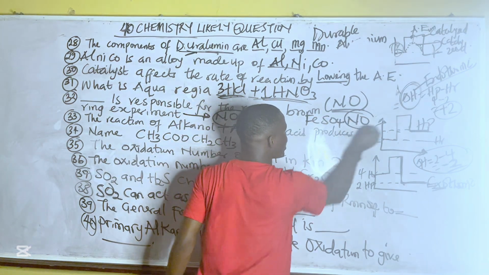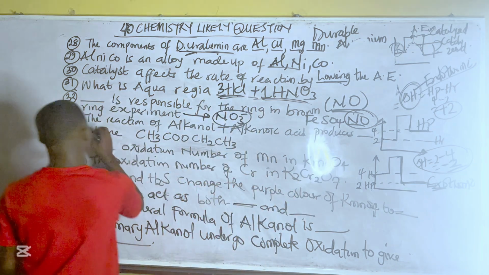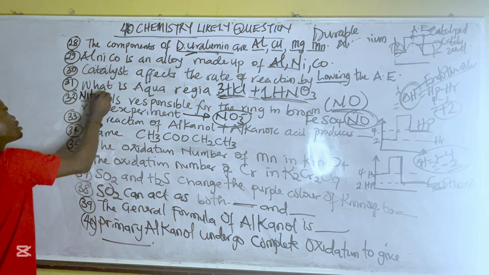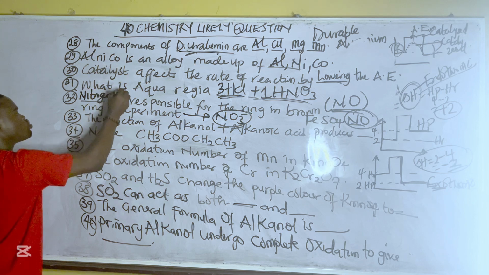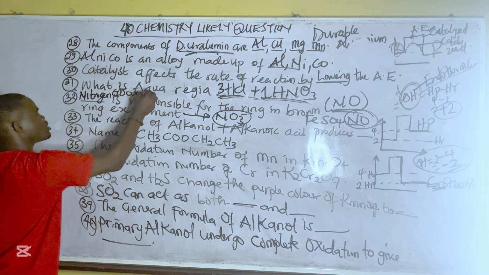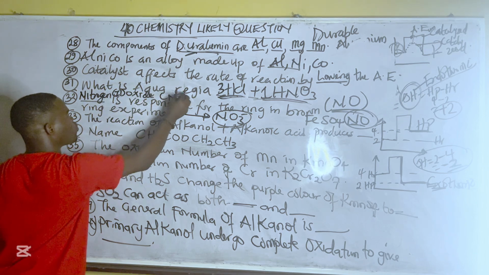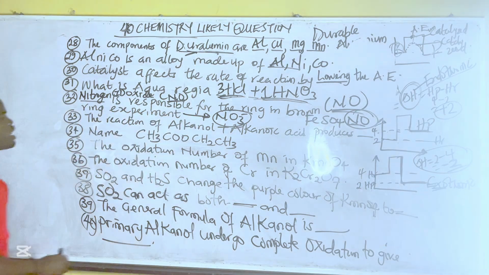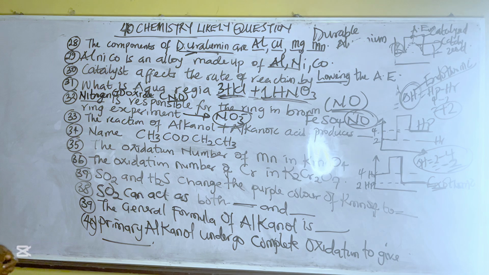FeSO4.NO. So this NO here is what is responsible. That NO is called nitrogen II oxide. It's NO that is responsible for that ring nature of the brown ring experiment. Okay? Take note of that.